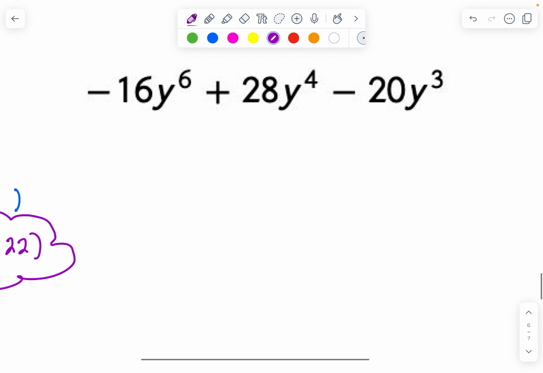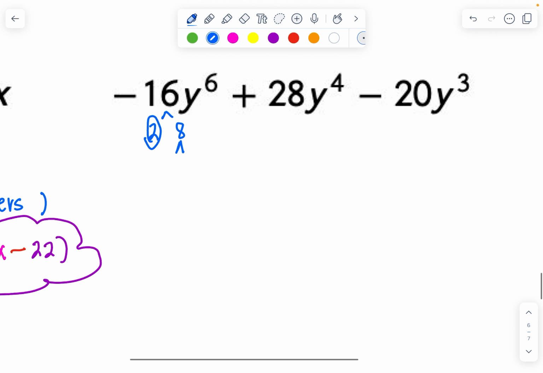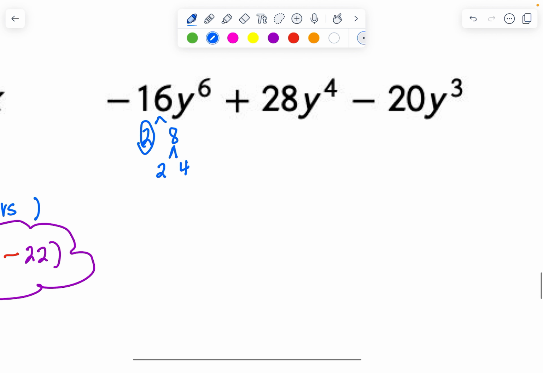So let's get a couple more here. 16, remember we're going to ignore that negative for now. 16 is 2 times 8, 2 is prime. 8 is 2 times 4. Again, 2 is prime. 4 is 2 times 2.